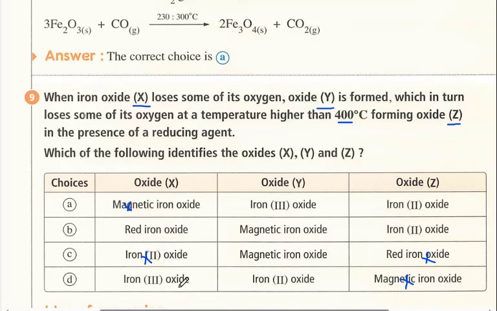But this is wrong here, so this is the correct answer. Red iron oxide is reduced into magnetic iron oxide at a temperature from 230 to 300. Both of them are reduced into ferrous oxide at a temperature from 400 to 700, and this is the correct answer.